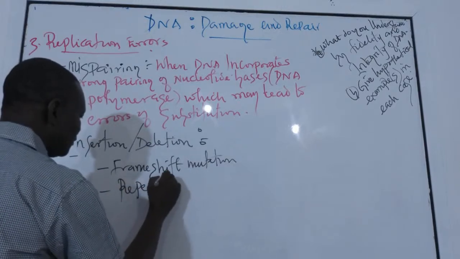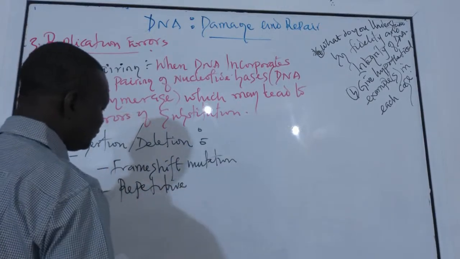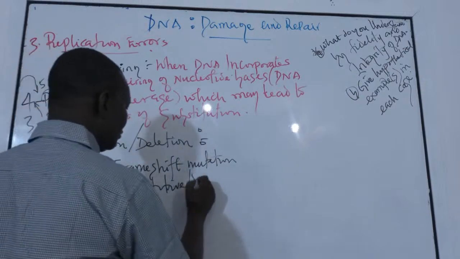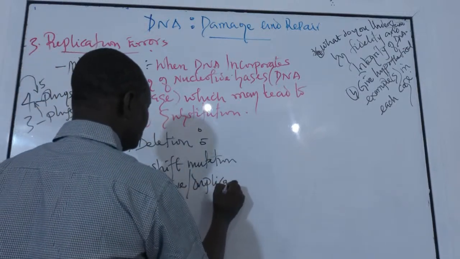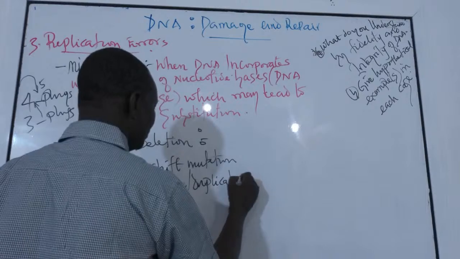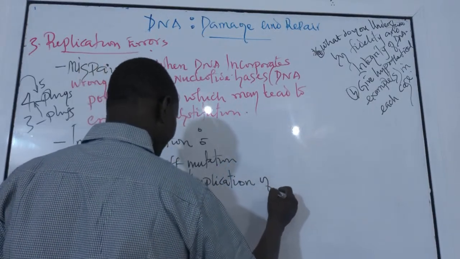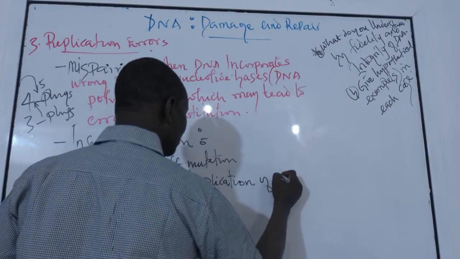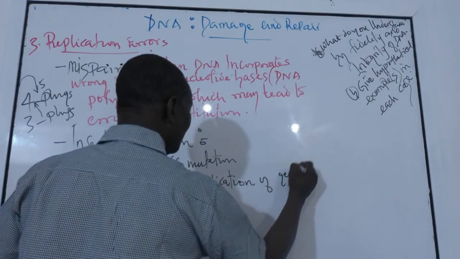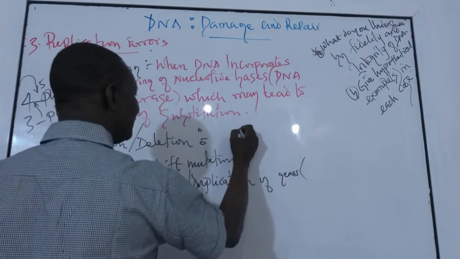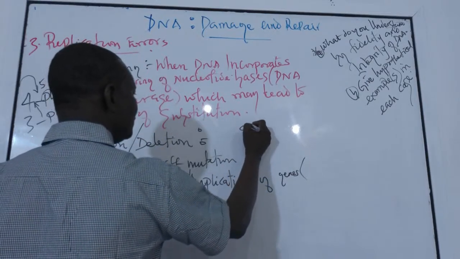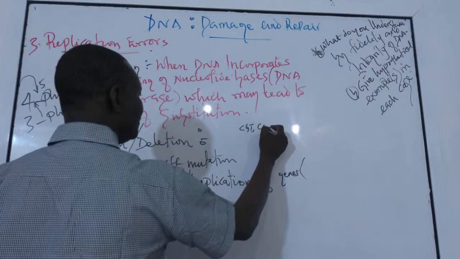repetition, or what is called duplication. Just like you know what duplication could do: duplication of genes or nucleotides. So instead of CGT, you now have CGT CGT.